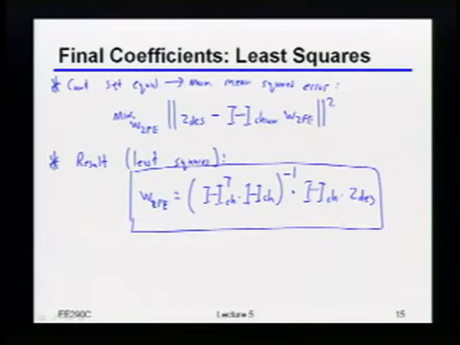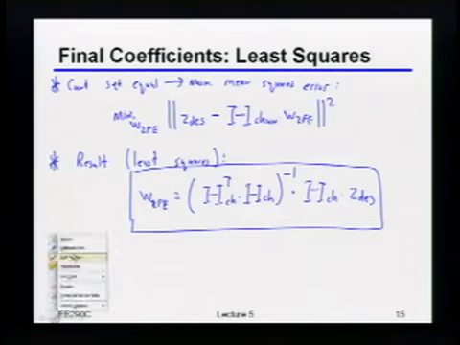It looks slightly complicated, but all this is saying is H transpose, and transpose just means you flip all the rows and columns. You take this matrix, H transpose times H, you invert it, you multiply it by H transpose, and then you multiply that by your desired signal.